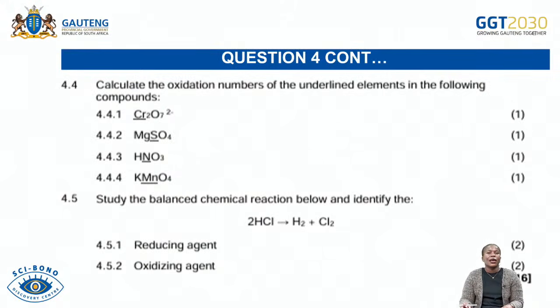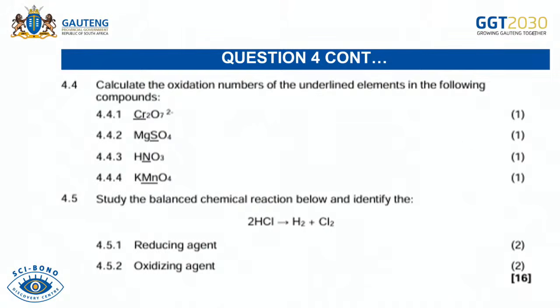4.4 says, calculate the oxidation numbers of the underlined elements in the following compounds. They show us the underlined, and those are our unknowns, the ones that we're trying to find the oxidation numbers for. Then 4.5, study the balanced chemical reaction below and identify the reducing agent and the oxidizing agent.